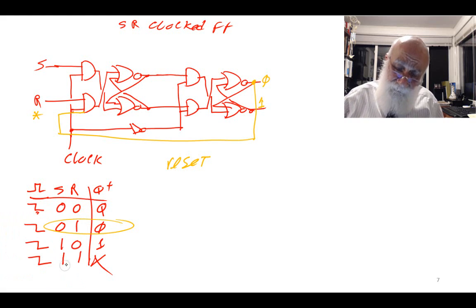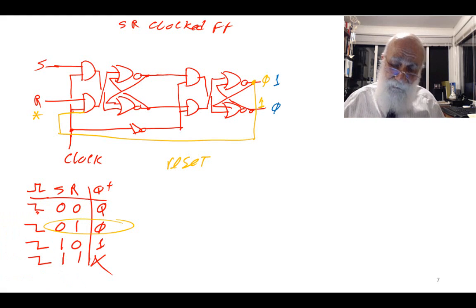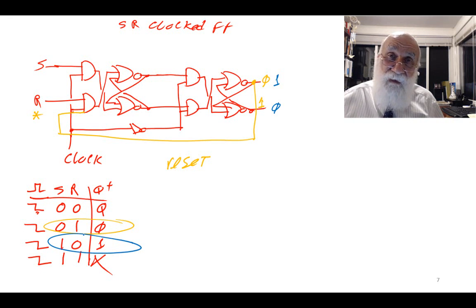Now let's look at another scenario. What if I have a 1 here, a 0 here? This is this situation here, where my output is 1. When my output is 1, my circuit is already set. I cannot set something which is already set.